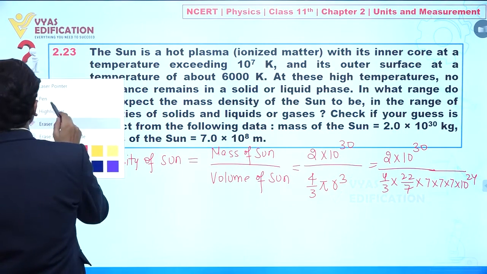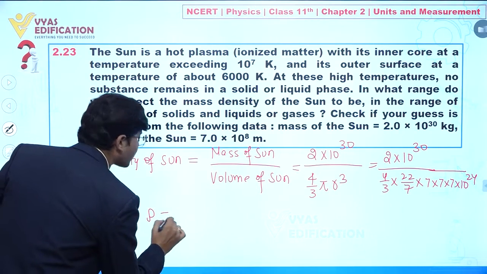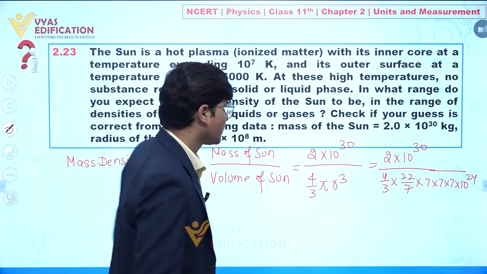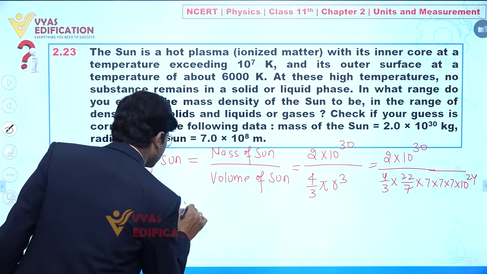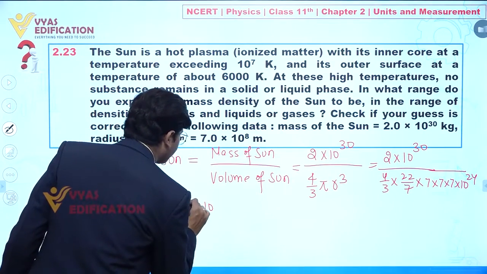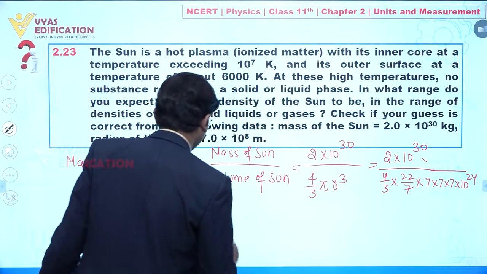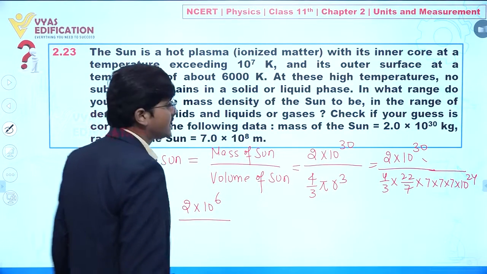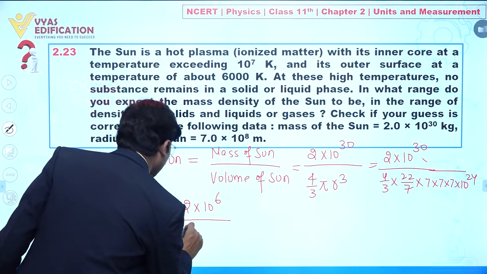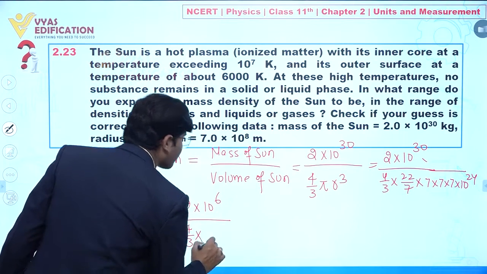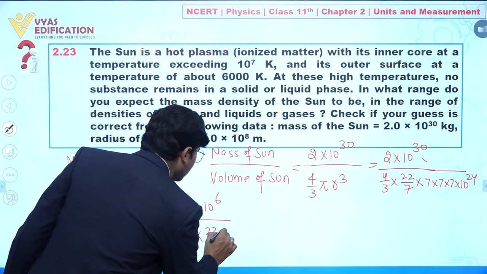So rho is 2 into 10 to the power 30 divided by 10 to the power 24, which means 10 to the power 6. From here we can also write 4 by 3 multiplied by 22 multiplied by 7, and the 7 cancels out, leaving 7 into 7.